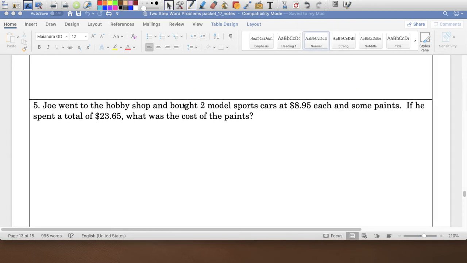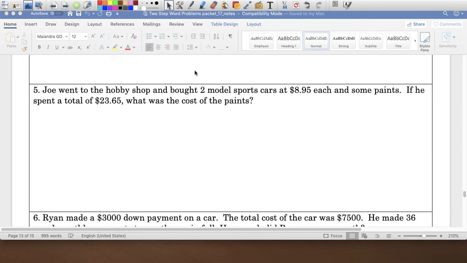This one is easy. So, not easy, I'm sorry. Well, let me just do it. So, Joe bought 2 sports cars at $8.95 each, right? So 2 sports cars times 8.95, how much are you spending already? $17.90, right?